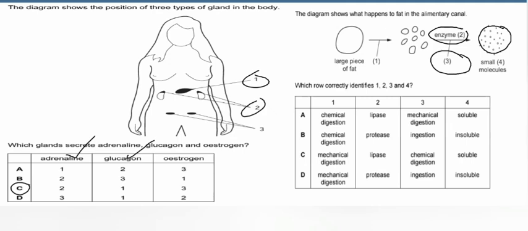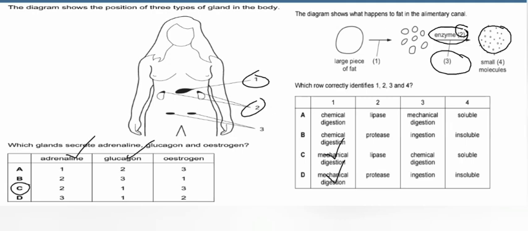Now the question is saying, which row correctly identifies 1, 2, 3, and 4? So at stage 1, for this large piece of fat to be broken down, mechanical or physical digestion is going to occur. Then at number 2, we have the enzyme here.